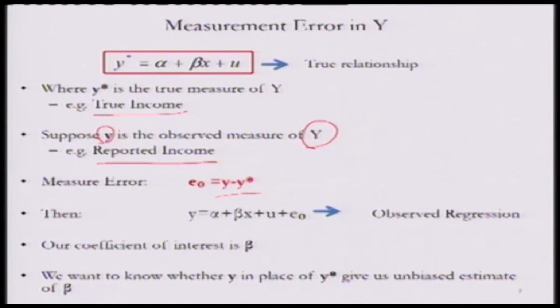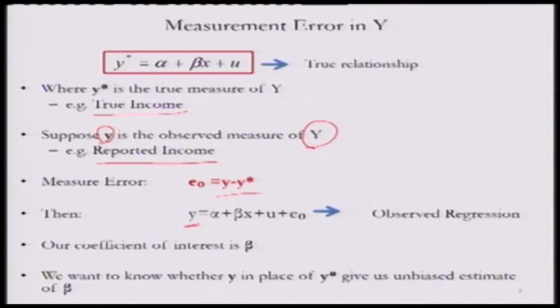Obviously, the true relationship that we want to estimate is the effect of x on y star, but what we end up estimating is the effect of x on y. Because we want to estimate the true relationship, we start from there and then we impute y in place of y star.